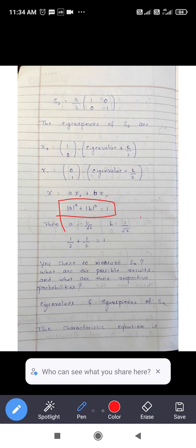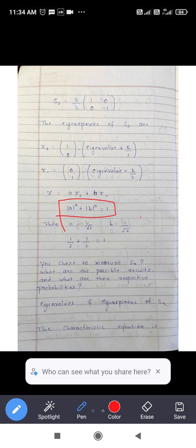Sz has eigenvalues h cross by 2 times the matrix 1 0 0 minus 1. Chi plus is the eigenspinor, with eigenvalue for the spin of the particle plus h cross by 2. Chi minus is 0 1. This is the eigenspinor, and the corresponding eigenvalue is minus h cross by 2.